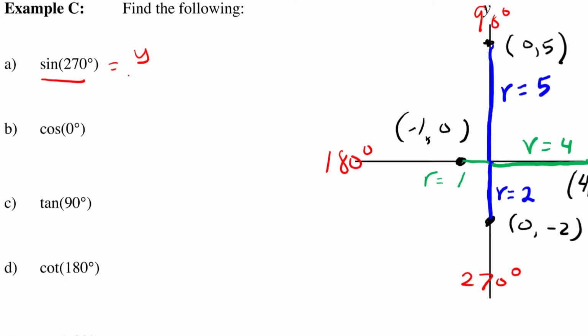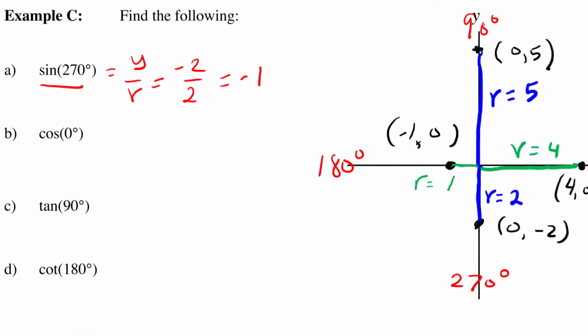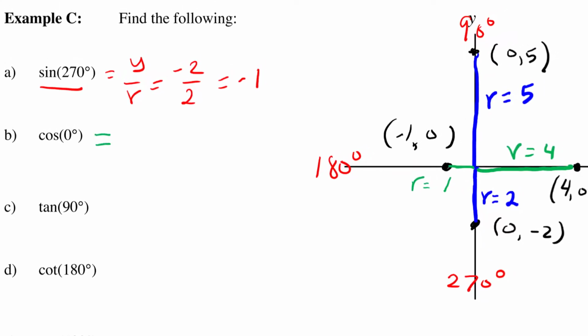So let's take a look at the sine of 270 degrees. Sine, as we've seen recently, is y over r. You've memorized that, I hope. And so we get negative 2, the y value, over the radius of 2, and that simplifies simply to negative 1. For cosine of 0 degrees, it's the x coordinate over r, and the x value is 4 divided by the r value, also 4, it equals 1.